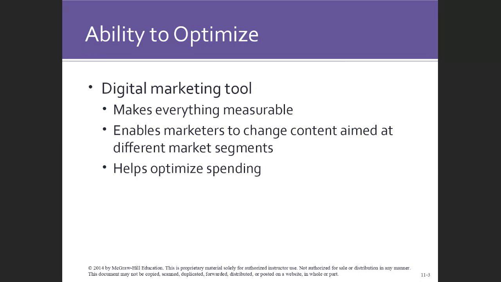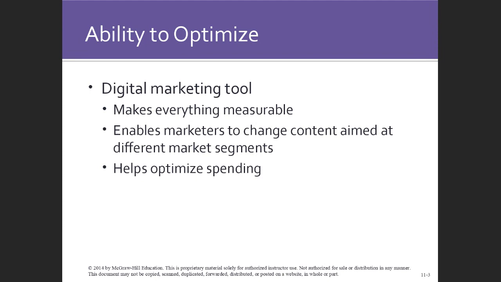Actually, you can measure probably most everything, but some measurements are more difficult to analyze. But we can measure click-throughs, length of time on the page, abandoned shopping carts, why they were abandoned, where they clicked from, what country, what IP address, that kind of thing.